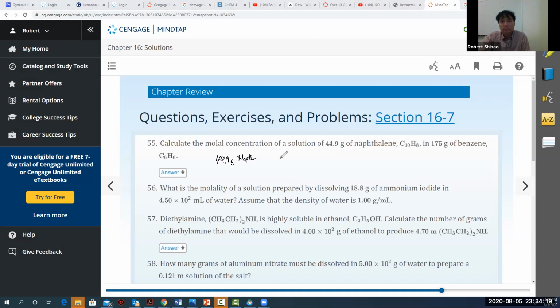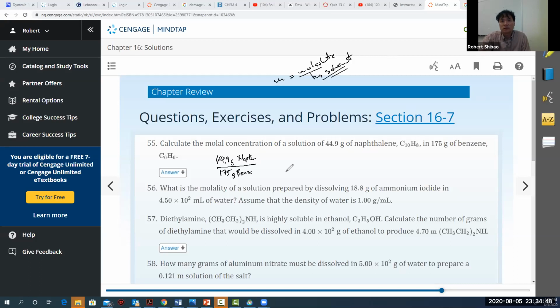And then it's per kilogram of solvent, but we have grams of solvent. So this is the solvent. It's just solvent, not solution. And so we're going to leave it as grams of benzene, because molality is defined as moles of solute per kilogram of solvent, not solution, just solvent.